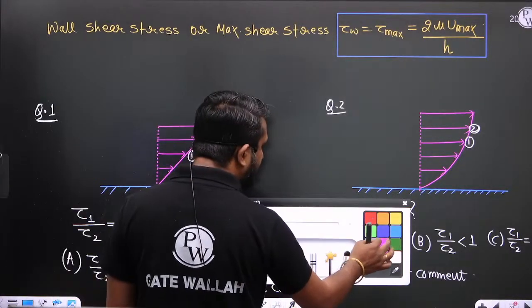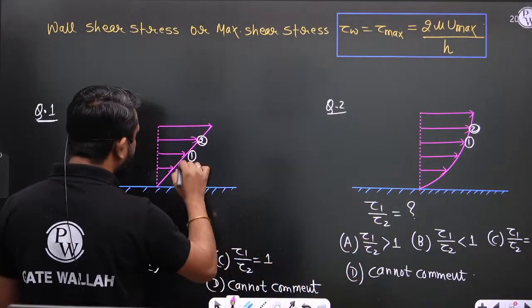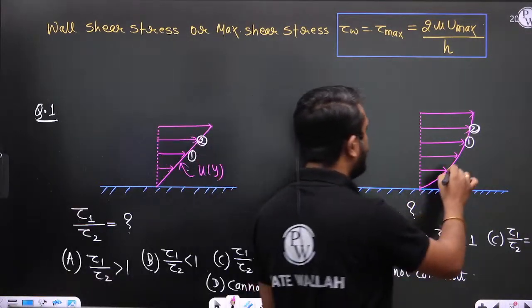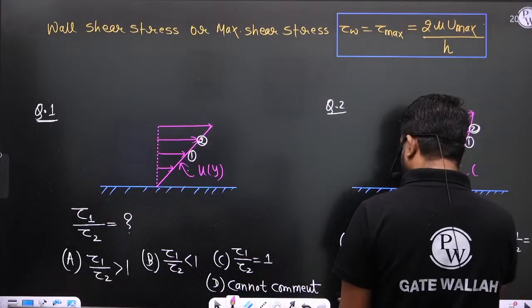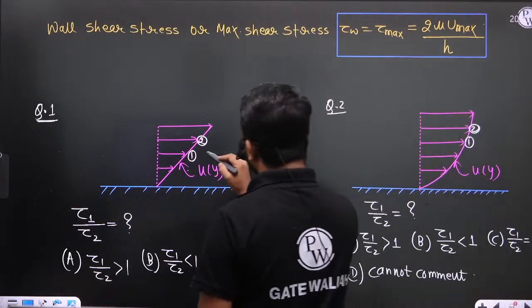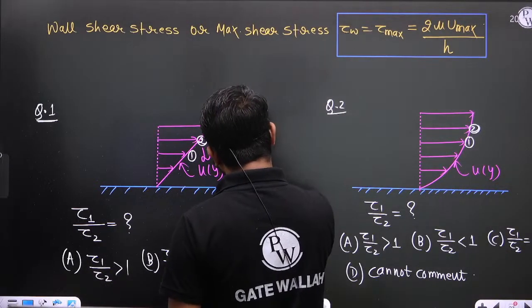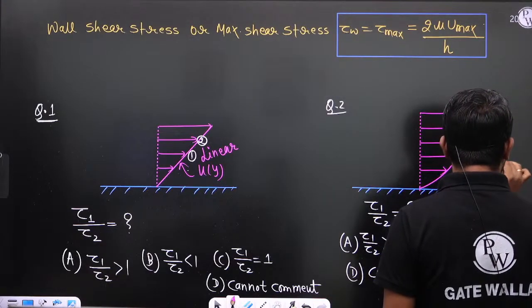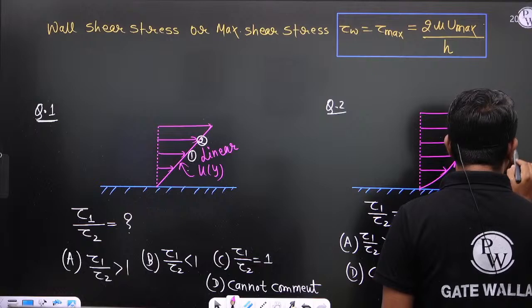This is the velocity variation, u of y. In this case, the velocity variation is linear, and in this case, the velocity variation is non-linear. What is your answer?